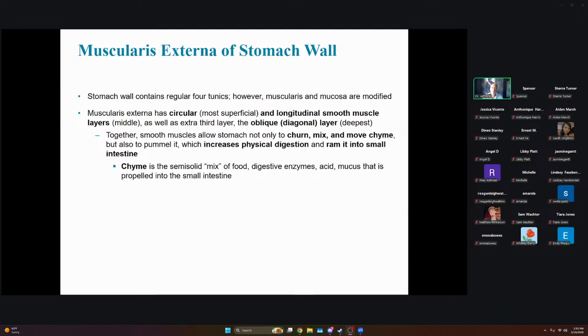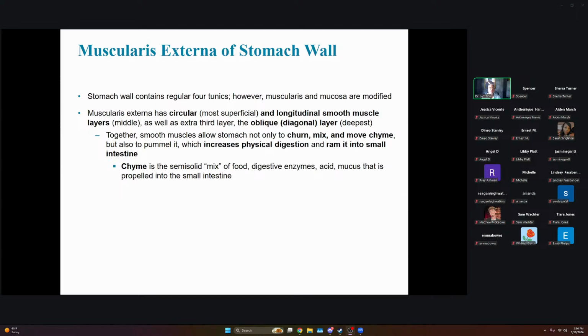That's pretty obvious. Everyone could guess that physical digestion would occur in the oral cavity. But not everyone would naturally think that physical digestion would also occur very aggressively in the stomach.